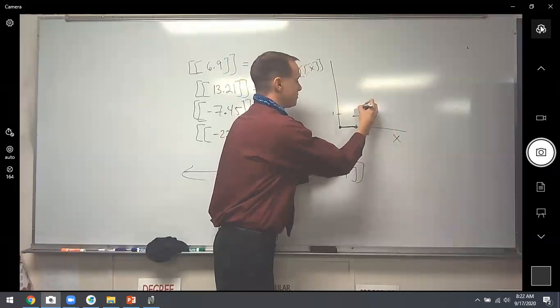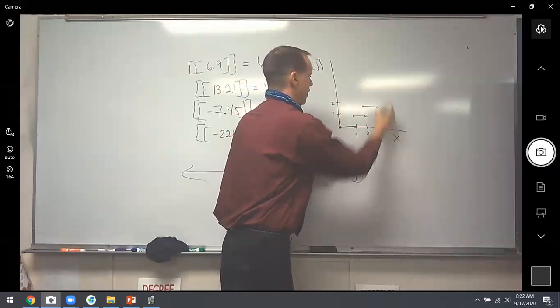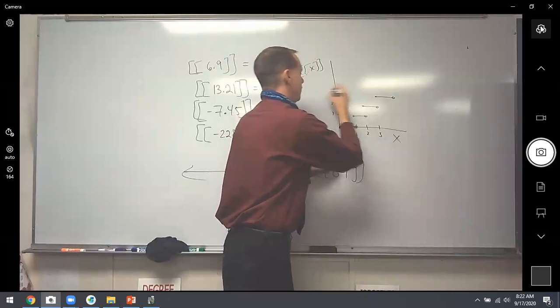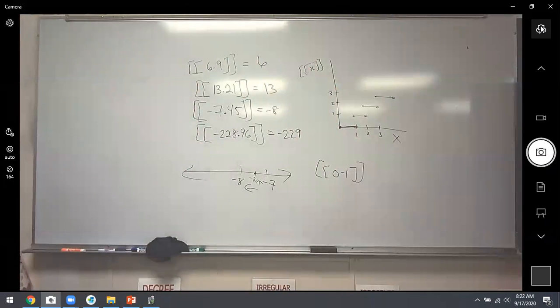And then at 2, it jumps up to 2. And this is kind of what a floor function will look like. You might want to jot down roughly that this is what the basic graph of this thing looks like. And it keeps going up. It's just a staircase forever and ever and ever. Nice little staircase there. Isn't that cute?